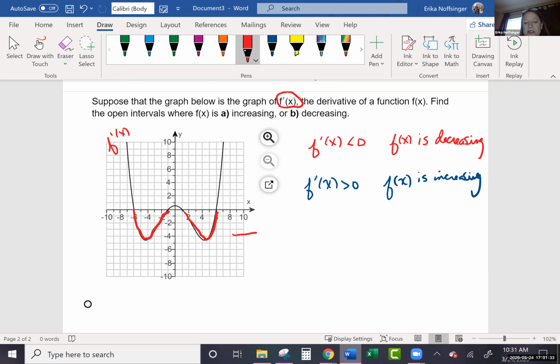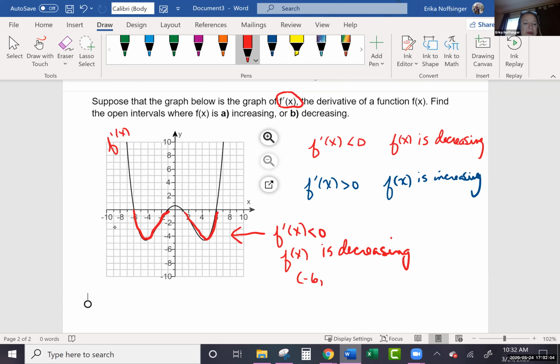These are the values where f prime of x is negative, so I can say that f of x is decreasing. I'm going to look at the x values where it starts to go below the x-axis, and I notice that is when x is -6. I'm not including it because that's when it's 0.